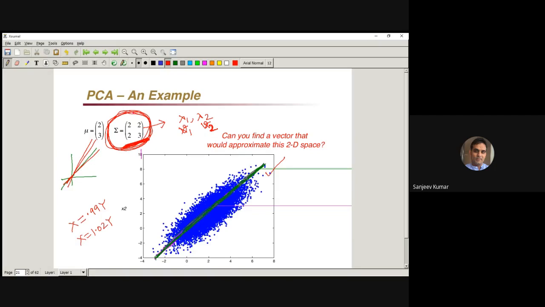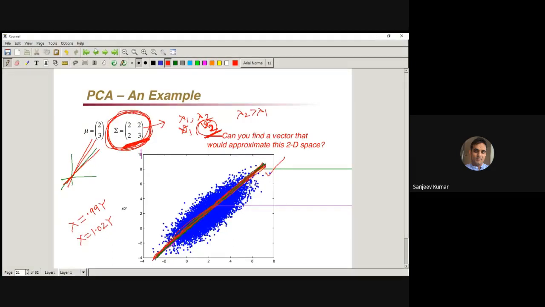Now, this direction is the direction of the eigenvector corresponding to the bigger eigenvalue. Out of lambda 1 and lambda 2, one eigenvalue will be bigger. Let us say lambda 2 is bigger than lambda 1. So the direction of maximum variation in your data is just the direction of the eigenvector corresponding to the bigger eigenvalue.